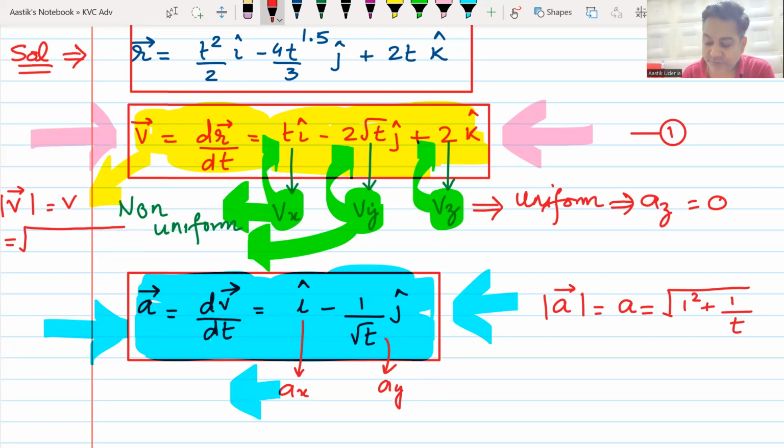It will be under root of t square plus 4t plus 4. Do we understand this? Yes or no? Yes, sir. How did I get it? x square plus y square plus z square. Do you all understand this? Please raise your hands and let me know. Everyone understands this?